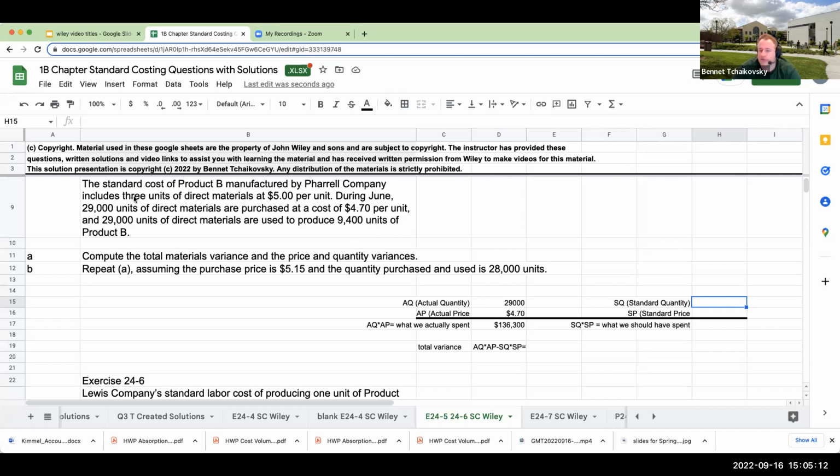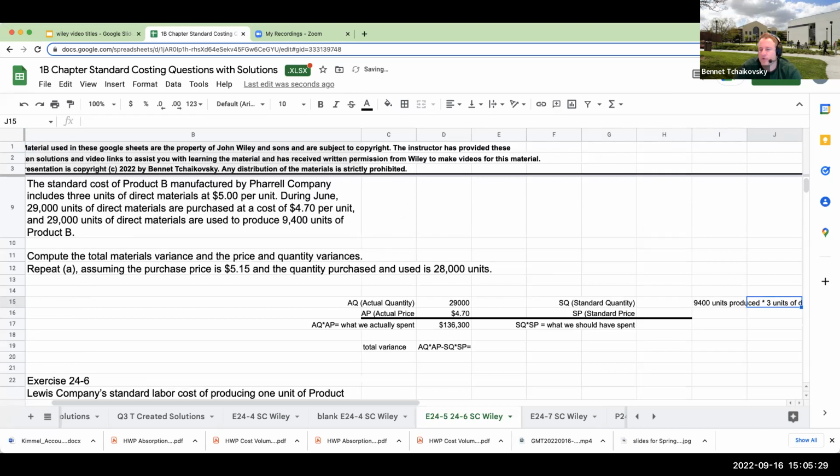And this is where it can be really tough. So this is going to be 9,400 units produced times my standard, which is 3 units. So my total quantity is going to be 9,400 times 3, or 28,200. And my standard price is going to be $5 per unit.